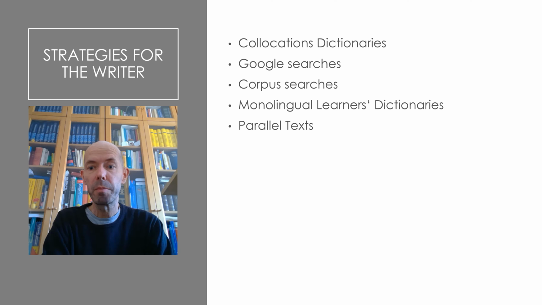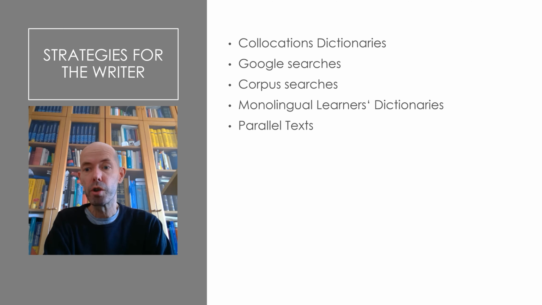So let's look at some of the strategies you can use to overcome problems with collocation. These are five in number. Collocations dictionaries. That is, you can use dictionaries that record these frequent word combinations. You can do Google searches. That's a second type of strategy.